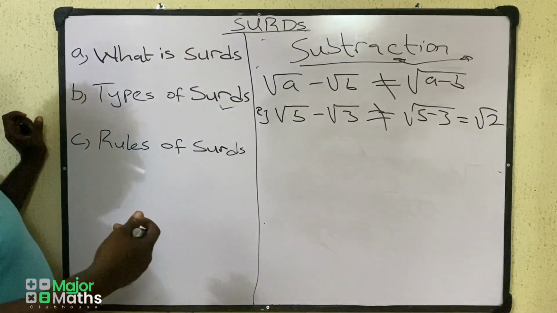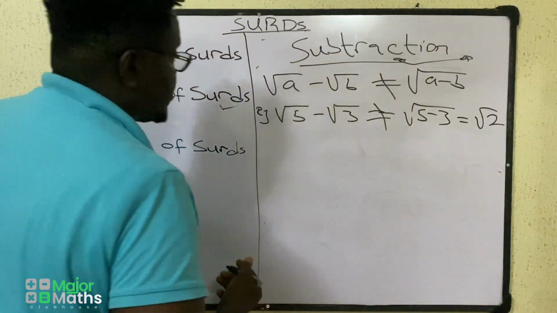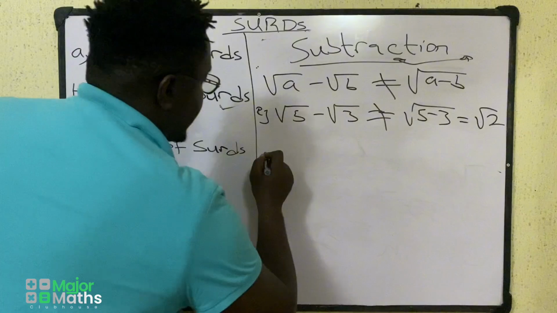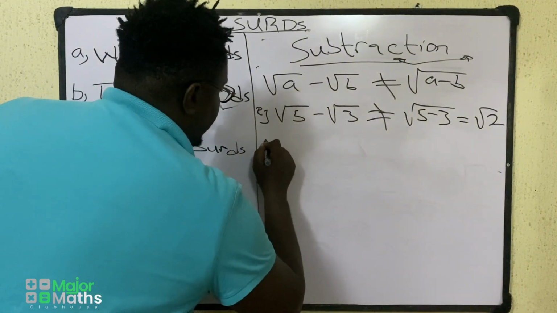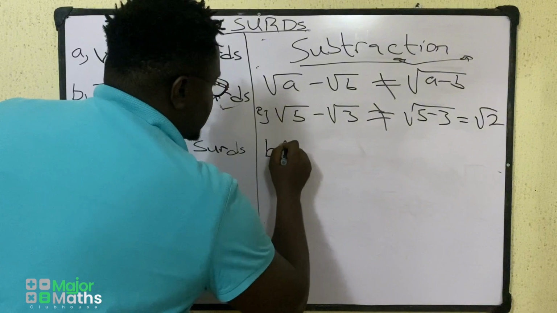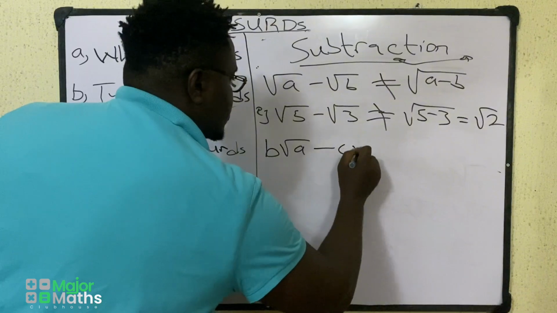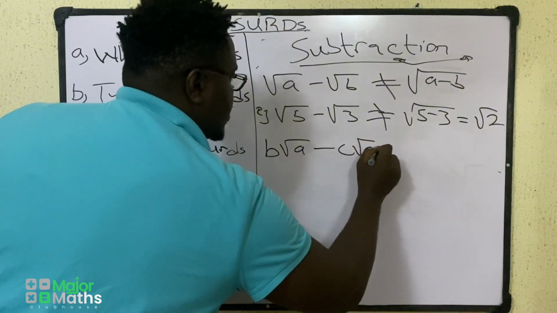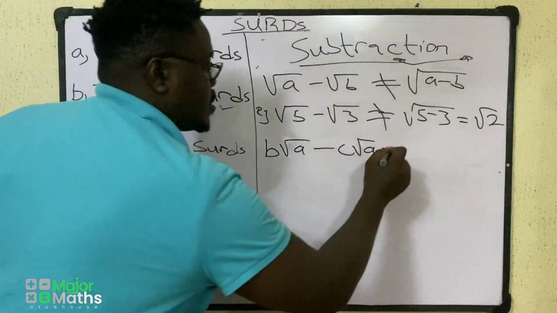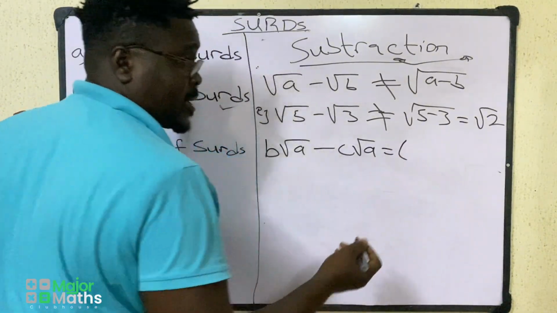Similarly to what we did in addition, we can say B root A minus C root A is equal to bracket. You know what the bracket means now?